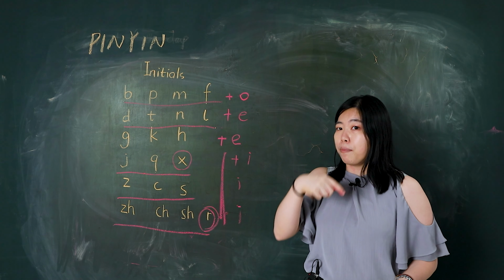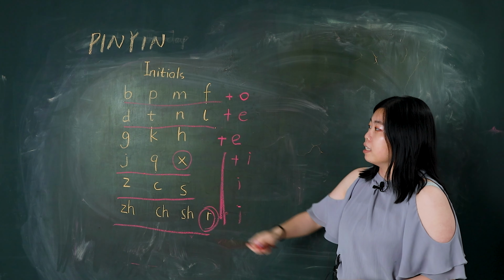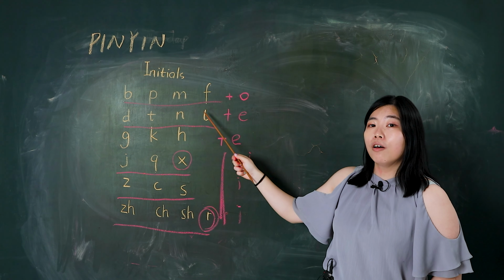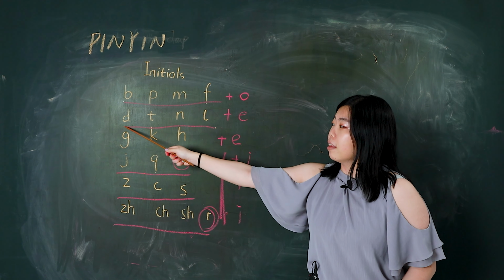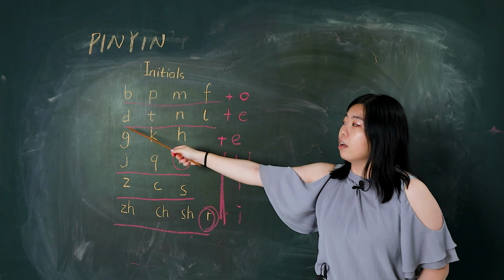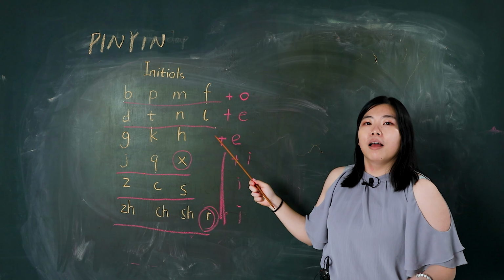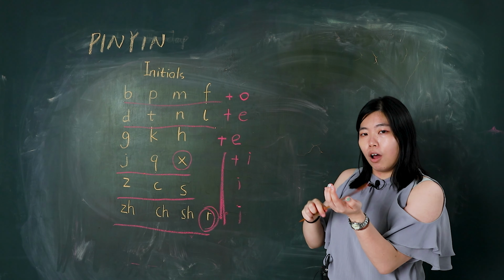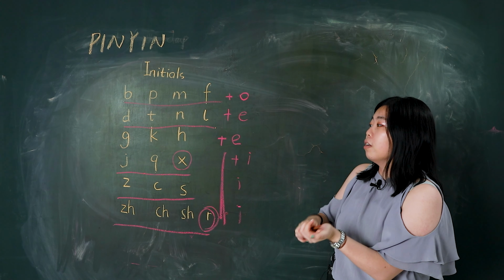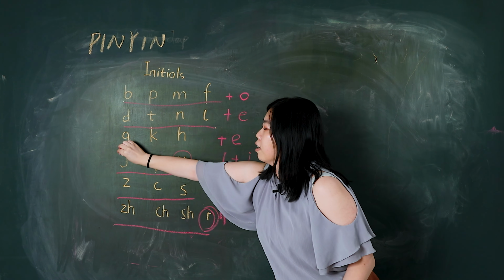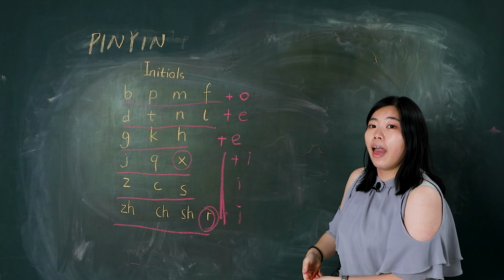Okay, if you look at this, you will find each line uses the same position of the tongue or the same shape of the mouth. Like this, two lips: b, p, m, f. And this one, d, t, n, l, we both use the tip of the tongue to touch the roof. D, t, n, l. And g, k, h, the back of the tongue.